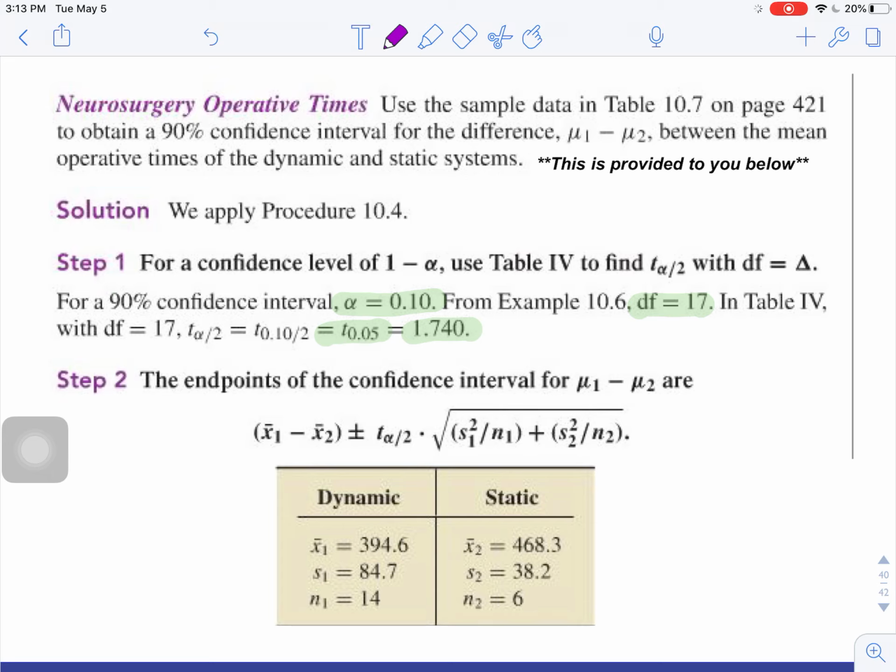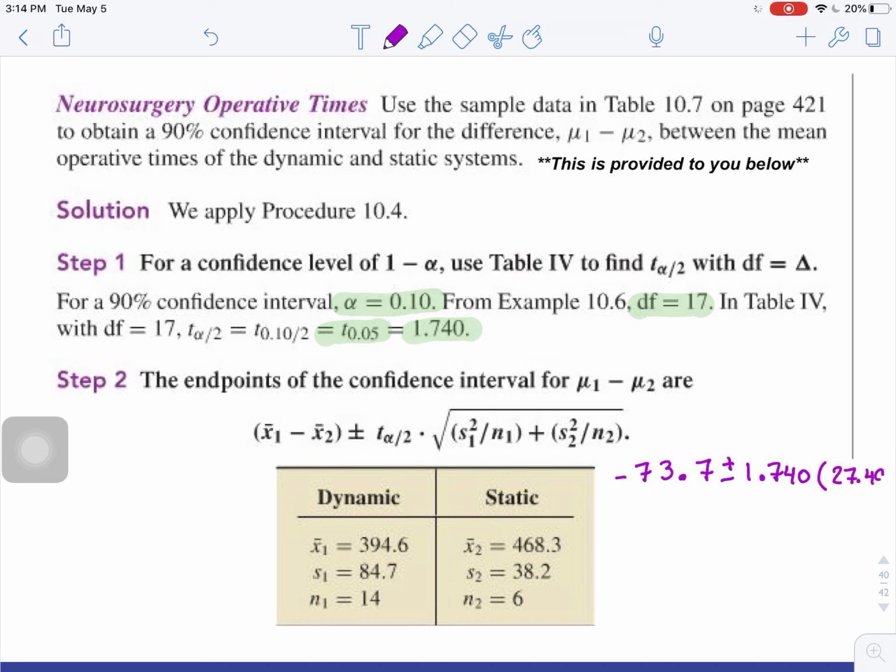So we already know the difference in our two sample averages. We know that that is going to be negative 73.7. That's our numerator from when we were calculating out our test statistic. Plus or minus 1.740. And then again, we already calculated the square root of S1 squared divided by N1 plus S2 squared divided by N2.